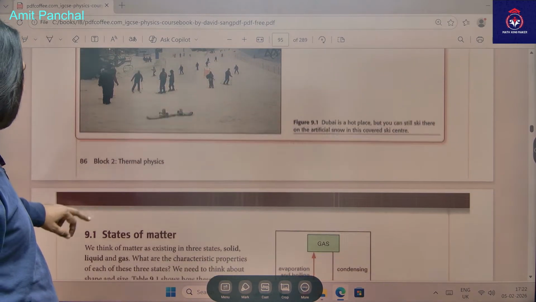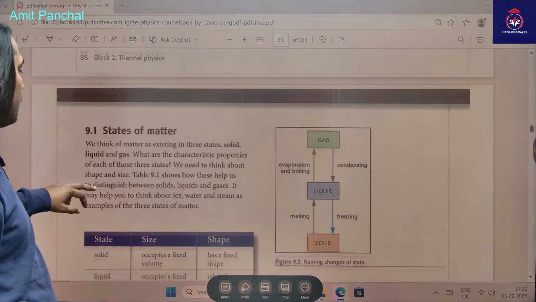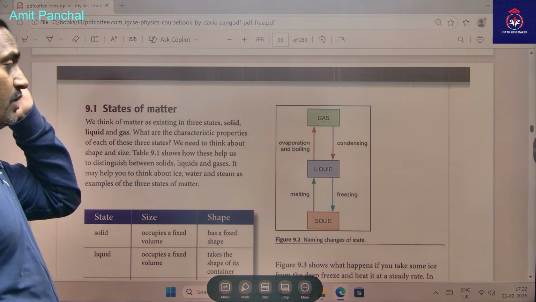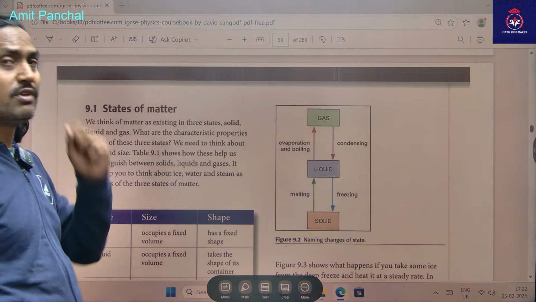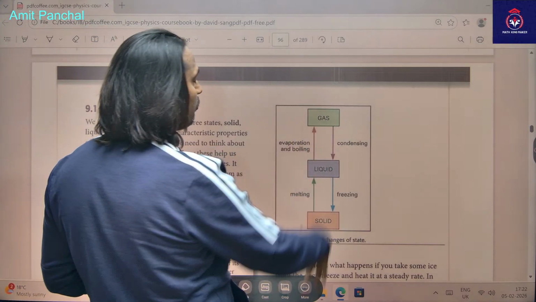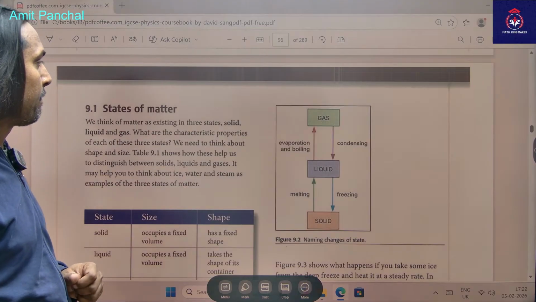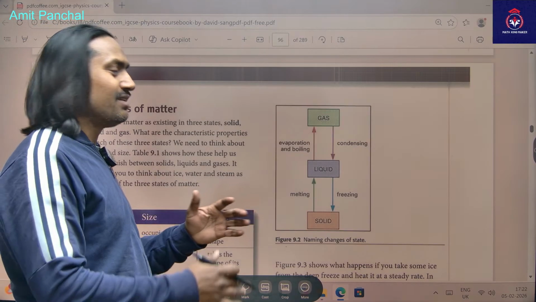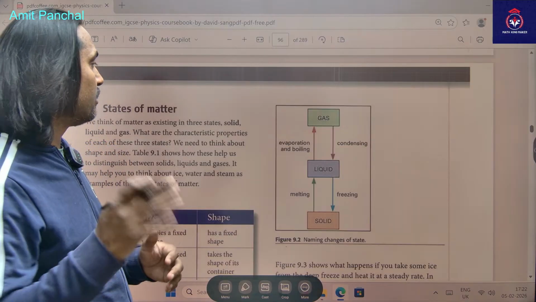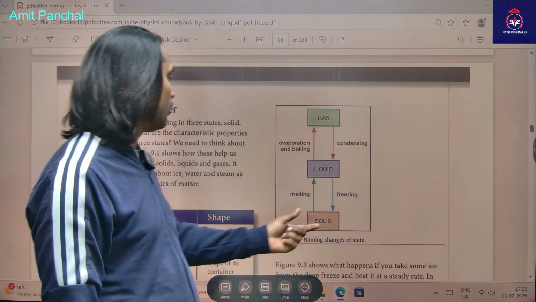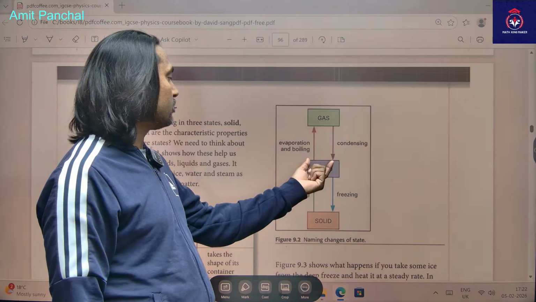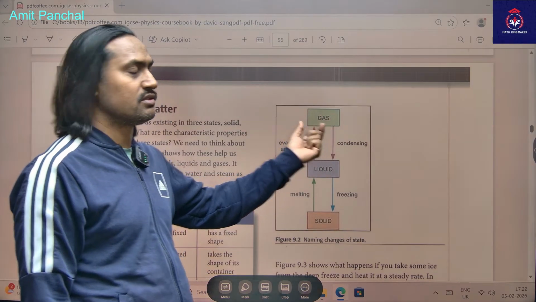So, states of matter. In lower classes we study that only 3 states of matter are there, but a 4th state is also there. We will do that study in stages. First is the solid state, liquid state and gaseous state.